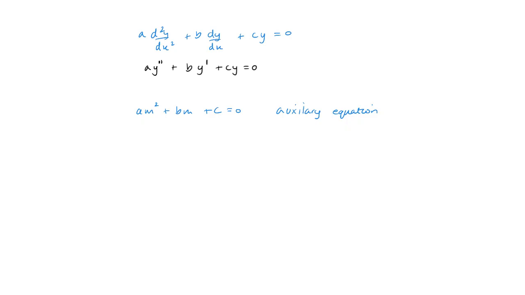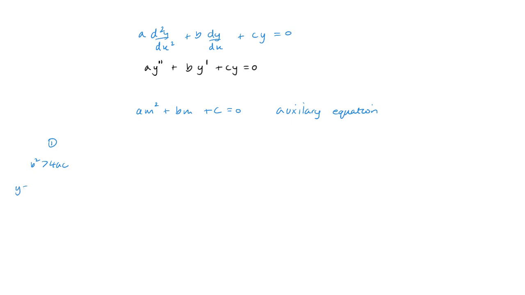So we have a few possible scenarios, and the roots we'll be using are roots alpha and beta. So our options are, 1, when b squared is greater than 4ac. That is when we get two distinct real roots.